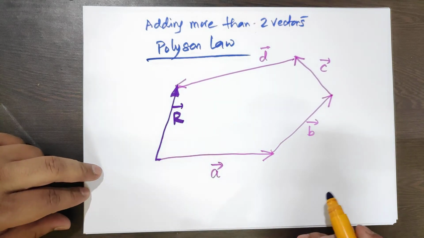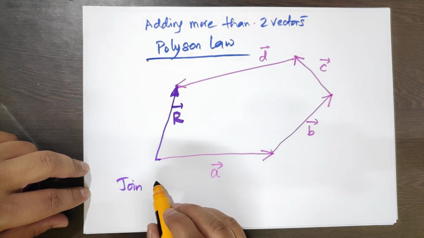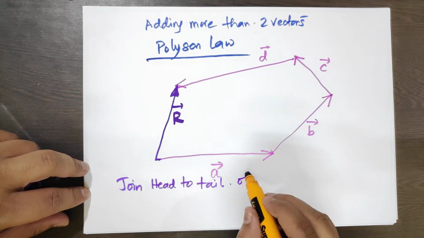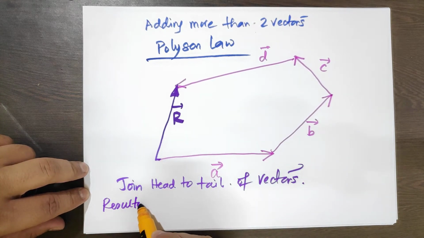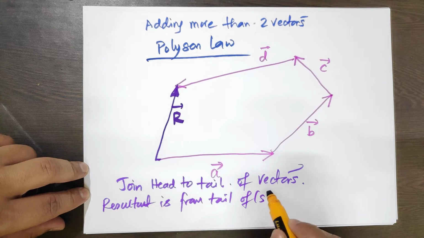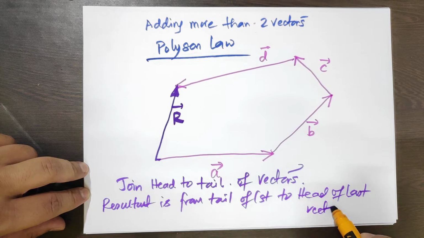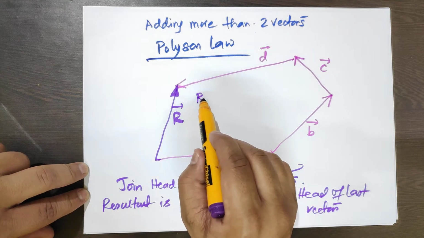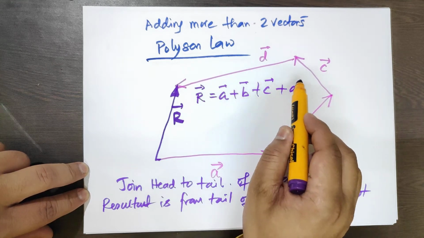So the rule is you join the vectors head to tail, then the resultant is from the tail of the first vector to the head of the last vector. So you can write r equal to a plus b plus c plus d. This is the polygon rule.